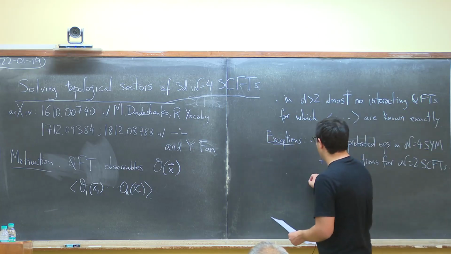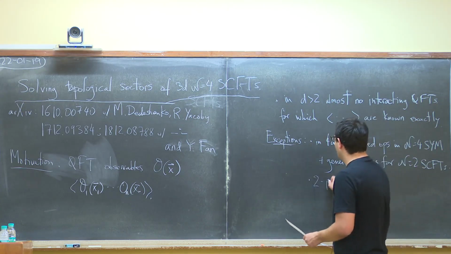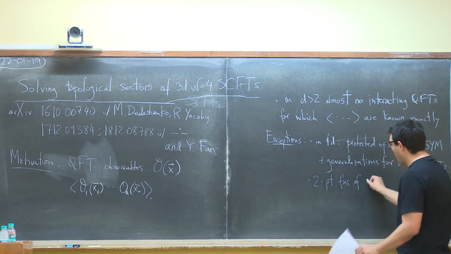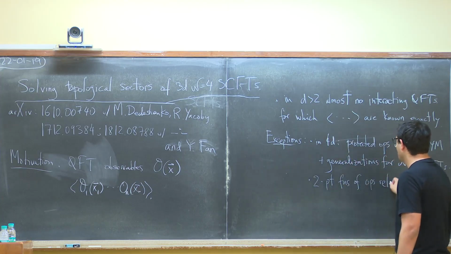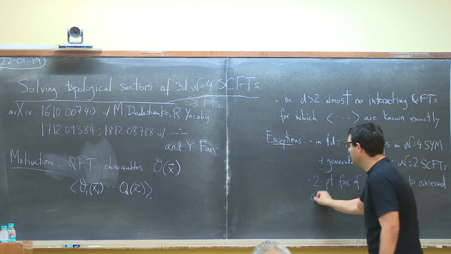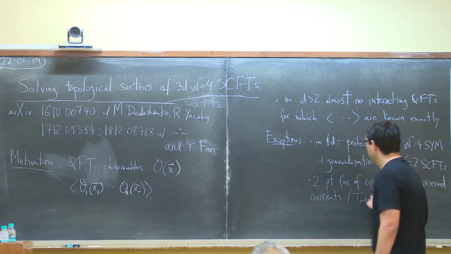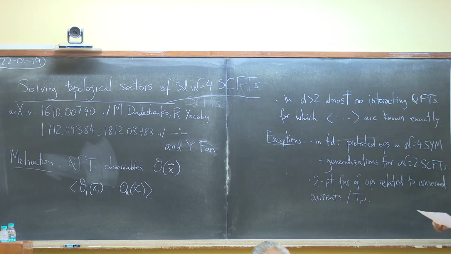Then, in various numbers of dimensions, one can compute 2-point functions of operators related to conserved currents or the stress tensor, or related by supersymmetry to these things. So this is in various numbers of dimensions.